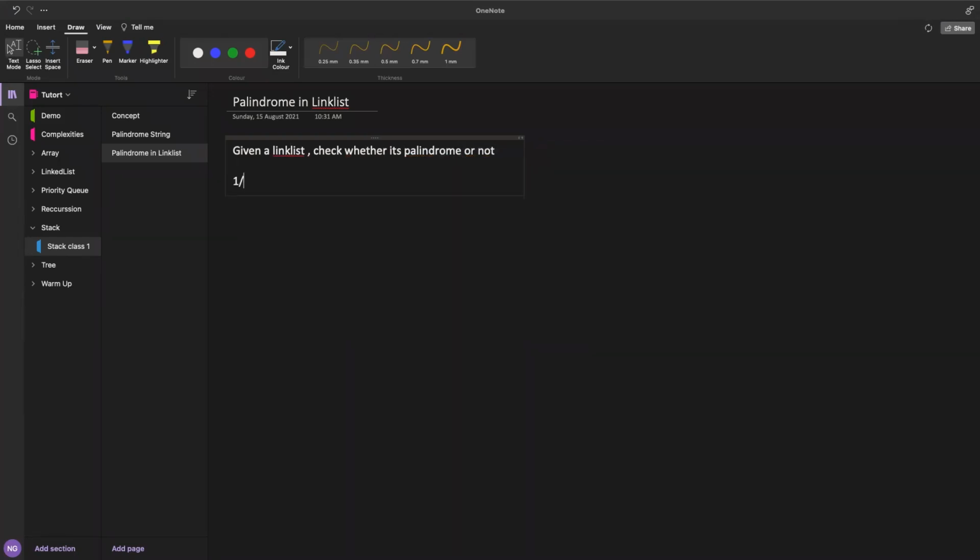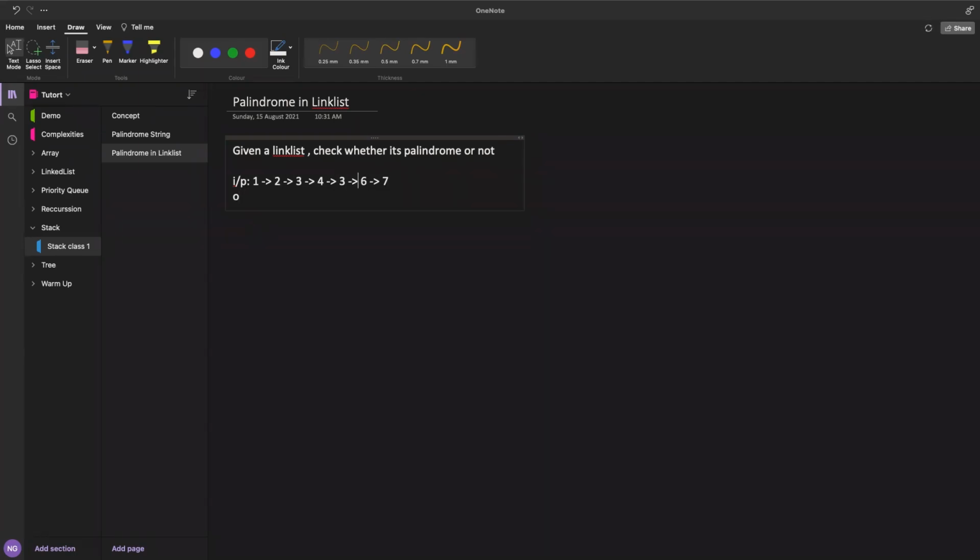Normally, the input is like this. So this is 1, 2, 3, 4, 3, 2, 1, and the output should be yes.